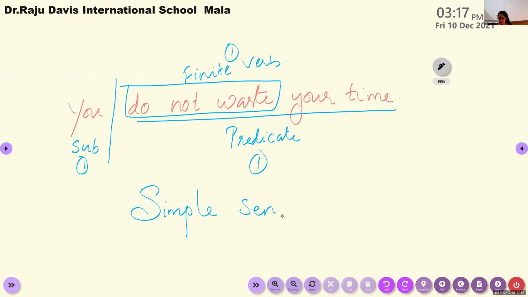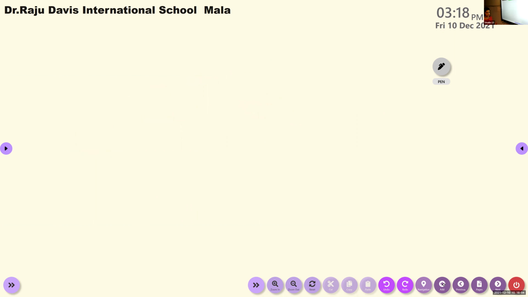Okay. Now my next example. I have one more example with me. This is the last example under this one. Then we'll move on to the next sentence. Okay. Now let me write a sentence over here.